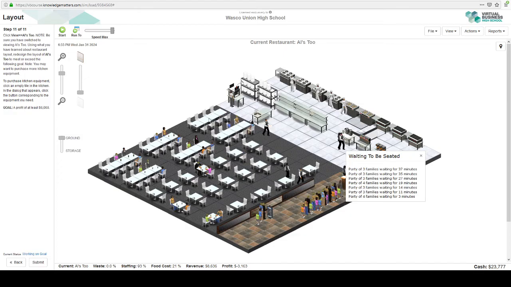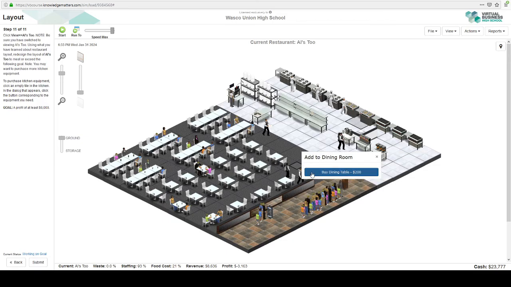So, I guess we'll keep a couple of 8-seaters. Oh, it doesn't fit. What's going on here? There we go. Okay, there's a 4-seater now.